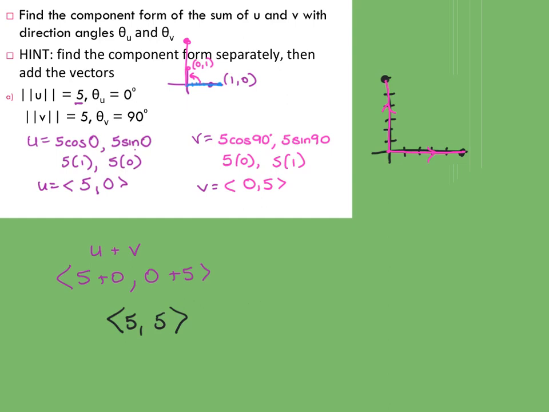If I drew the line parallel off this side, it would look like this. The line parallel off this side, it would look like this. They would cross here, which would be that 5, 5. So everything that we've talked about should be consistent and overlap. The sum, the component form, the magnitude, all that stuff should overlap and make sense.